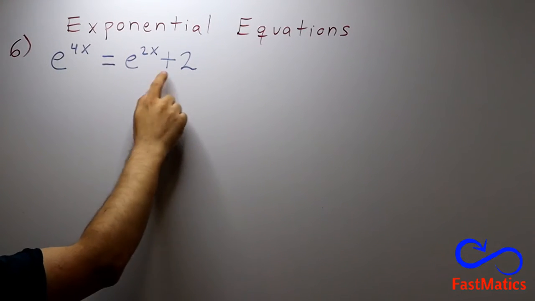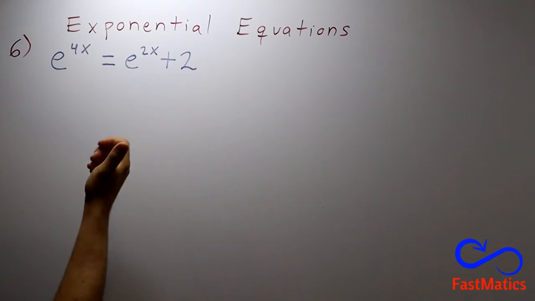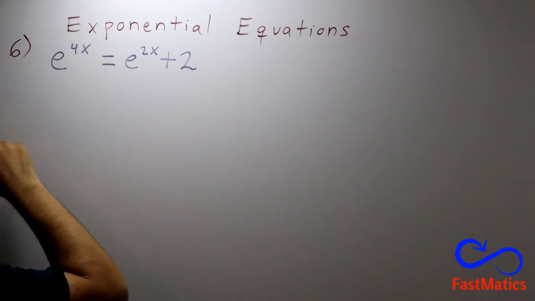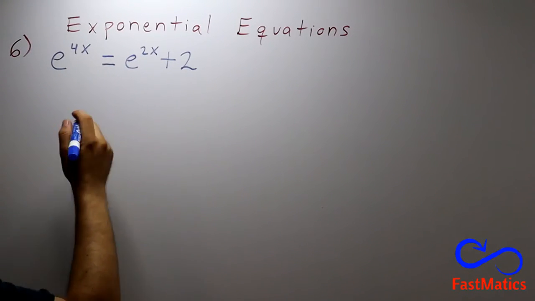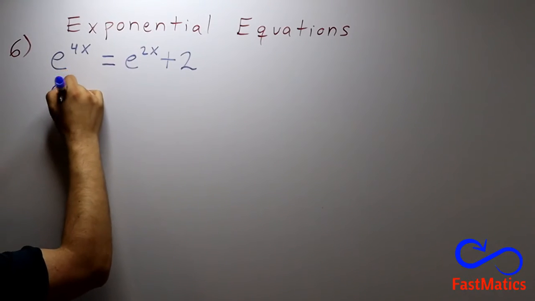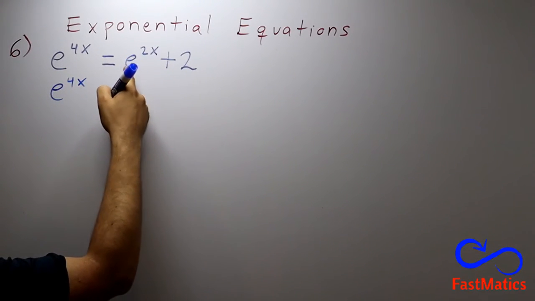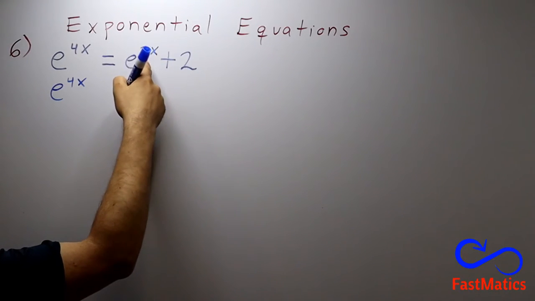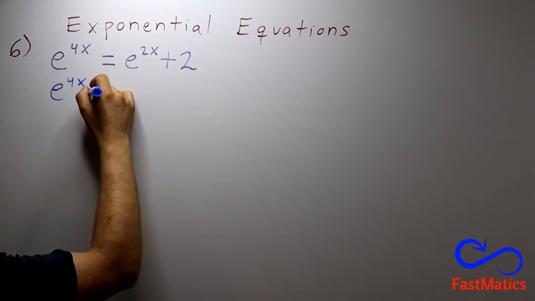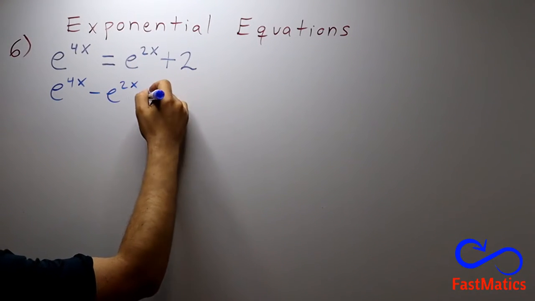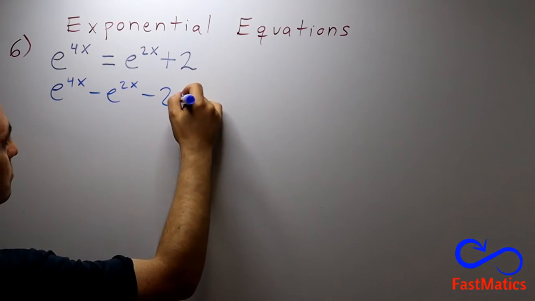But here, I cannot factorize in order to get only one term, as we said in our last videos. So, maybe if we pass everything to the left side, look, this e raised to the power of 2x will be negative e to the power of 2x, and this plus 2 will pass as negative 2.